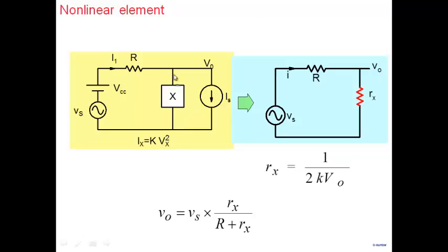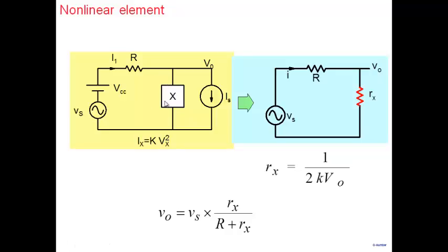First of all, it's an incremental model of an element. And what we do after that is we assume that the voltages and the currents across it are small in nature so that we can linearize. We can ignore second order, third order, quadratic and all those other higher order terms, and keep only the linear part here. And by that we build a small signal model.